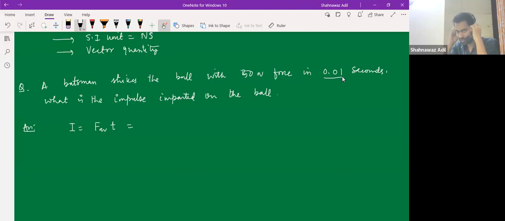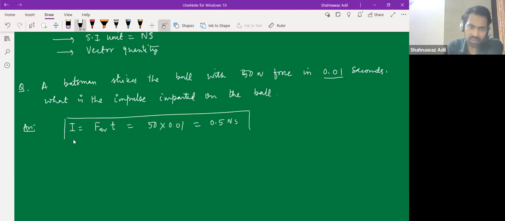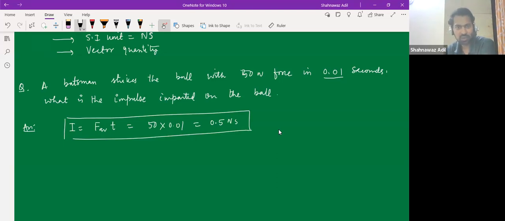So 0.5 units Newton second, right? So 50 into 0.01, which is 0.5 Newton second. Yes, so Amna also got 0.5, right? So this was a very simple, quick calculation to calculate the impulse. Is this clear, guys?